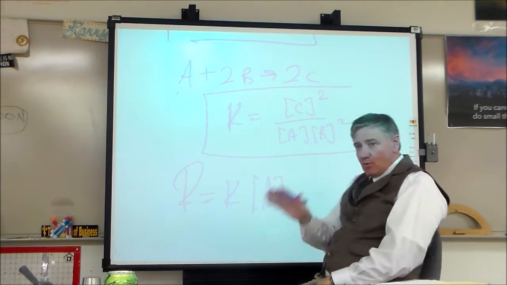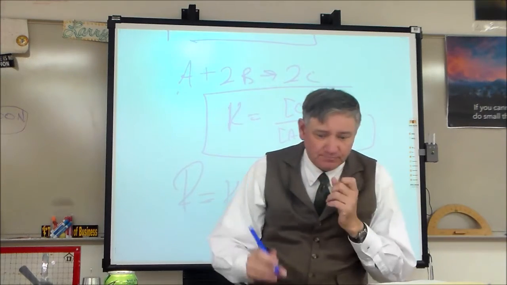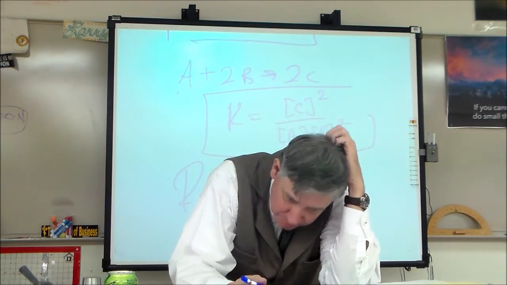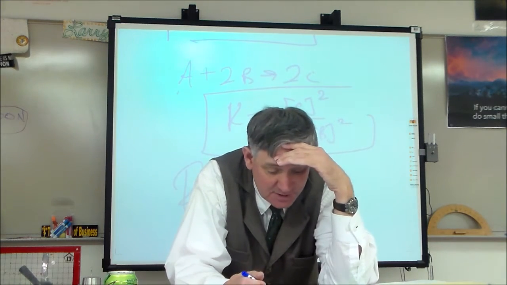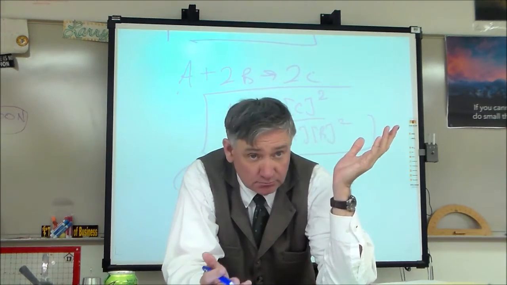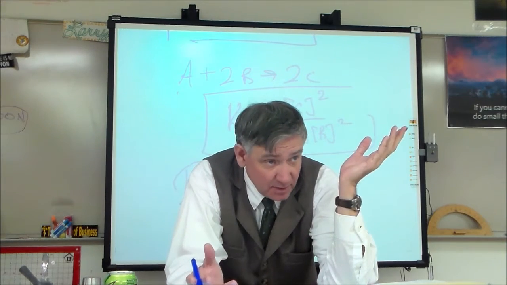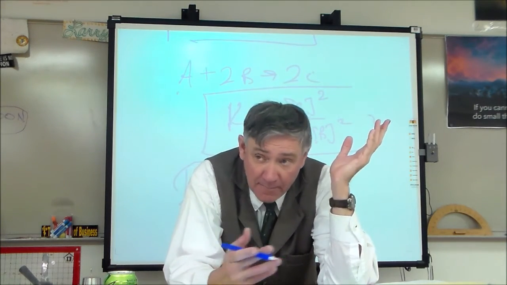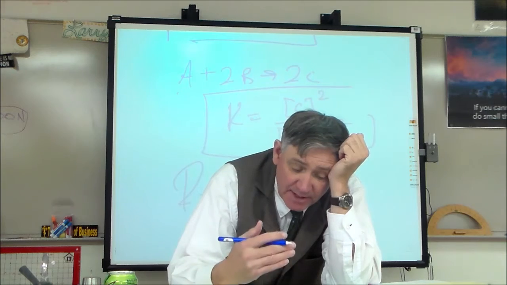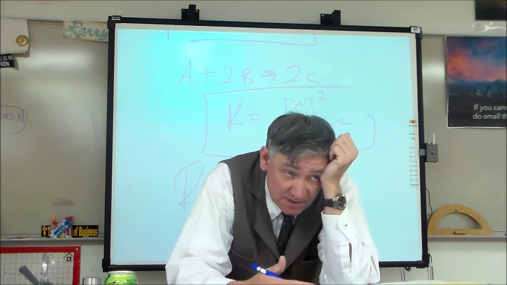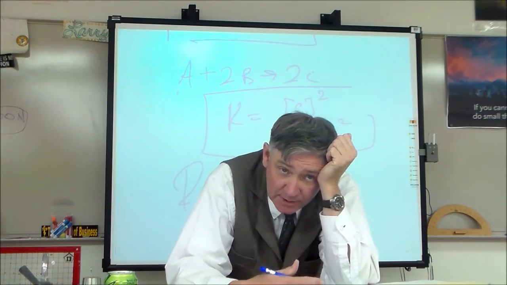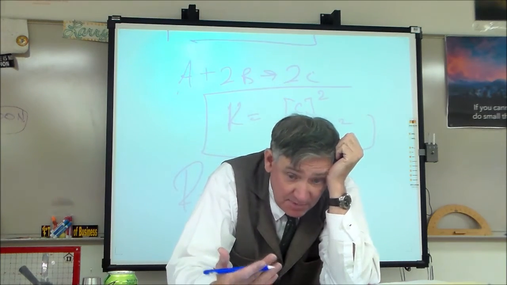So what you should see on that first problem, when you get that value of lowercase k, it should be like 1.2. That should be the value of lowercase k. Make sure that you have the correct units on that, because if you just put 1.2, it doesn't mean anything.